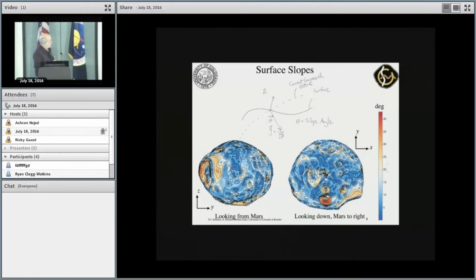We can also look at surface slopes. Again, all these calculations that I'm showing were done by Mr. Stefan Van Waal, who has a poster talking about other exploration factors in this environment.